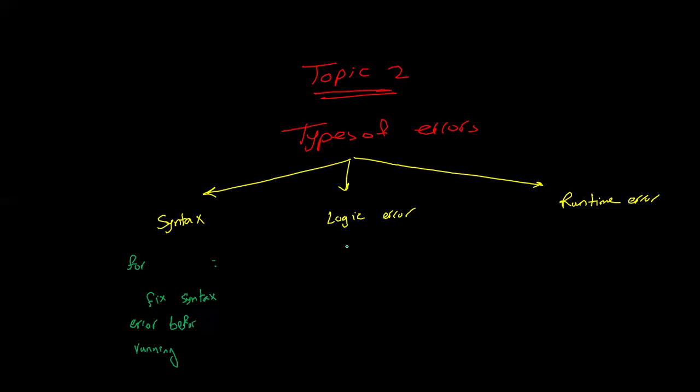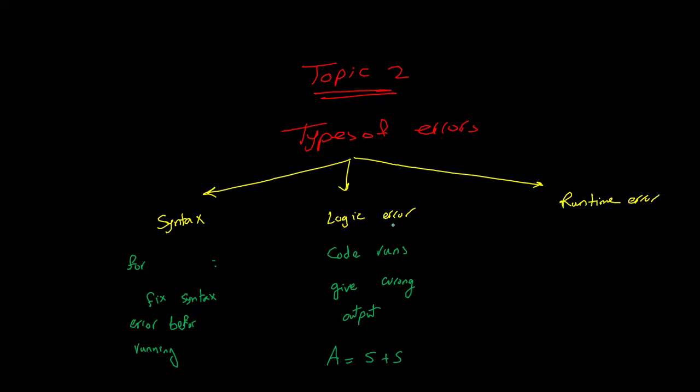In logic error, your program can run, but it gives you wrong output or unexpected output. Like, for example, if I want to calculate the area of a square, I use area equals side plus side instead of using area equals side times side.